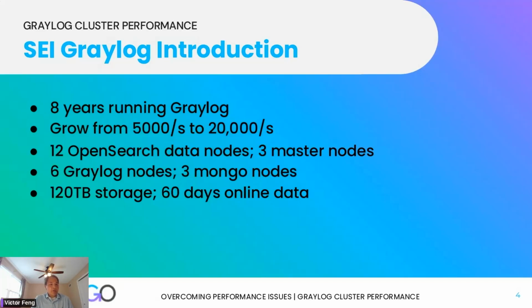A little bit of introduction to our SCI Graylog. We started Graylog in 2016. Our old SIM was so old back then that it could take 15 minutes to run a small query.